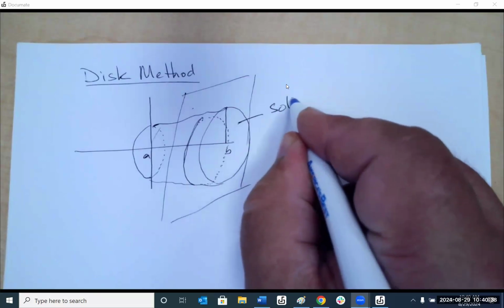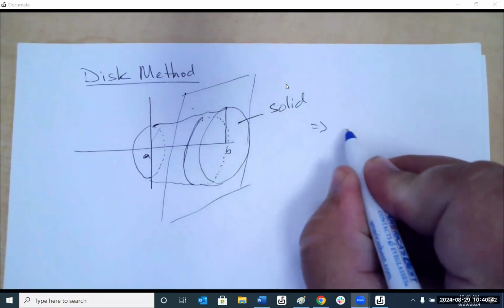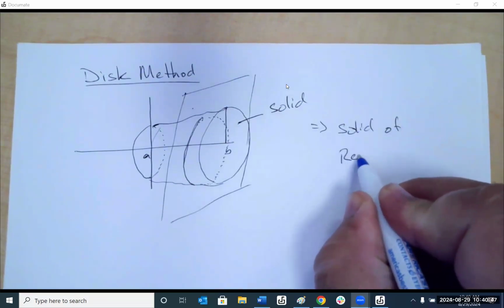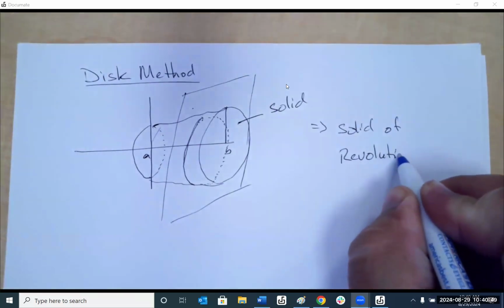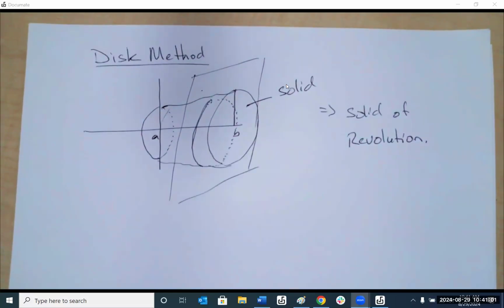Since that's a solid, and we rotate it about an axis, that's called a solid of revolution, because we revolve it around an axis. So what does that change for us? It changes the area.